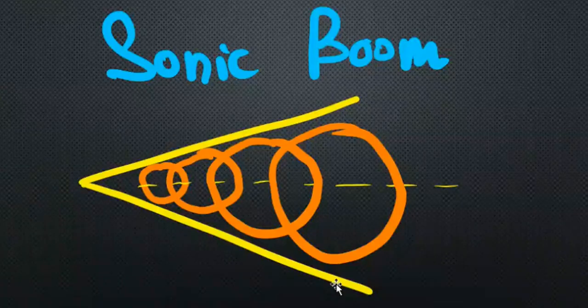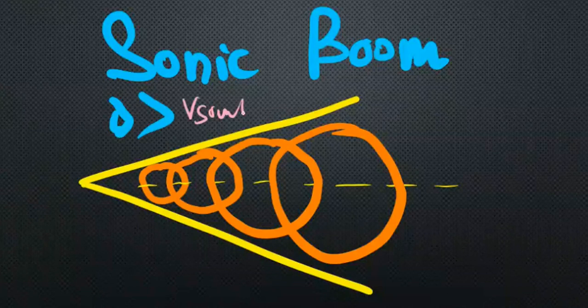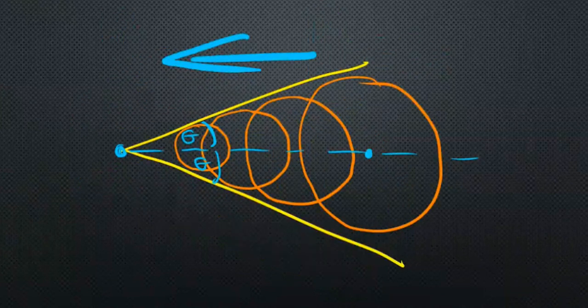Sonic boom. A sonic boom occurs when the velocity of the sound source is greater than the velocity of sound. Here there are two equations we need when we are doing these questions.